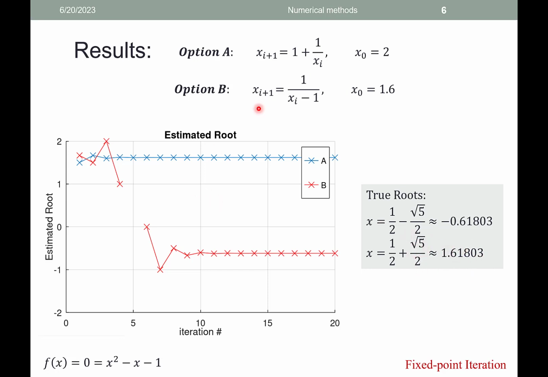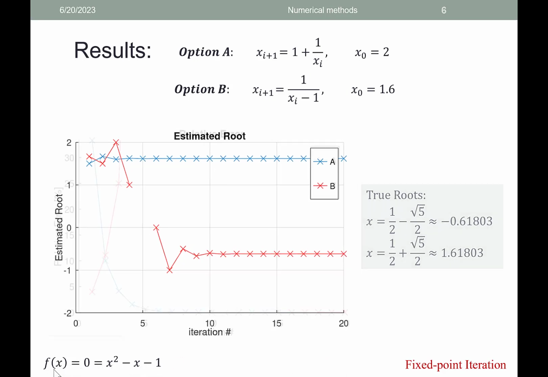In terms of option B, instead of converging to this positive root, it jumped around, went back to 0 after infinity, and then -1, and then converged to this negative 0.61803. So two different results from this method that we can see here.